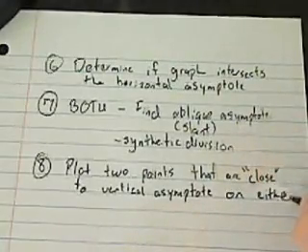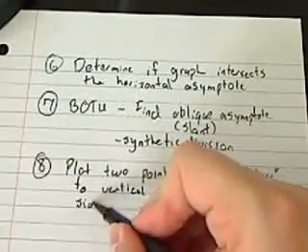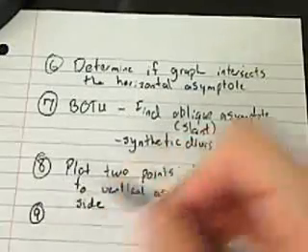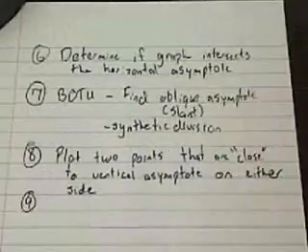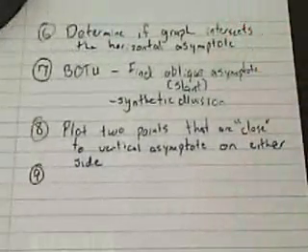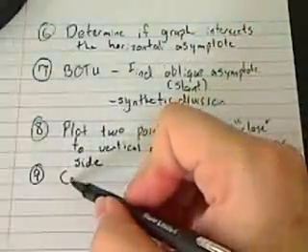You do need to check both sides of your vertical asymptote. The final step that you're going to do is connect all the dots. You're going to stay within the lines of your asymptotes to complete the graph.